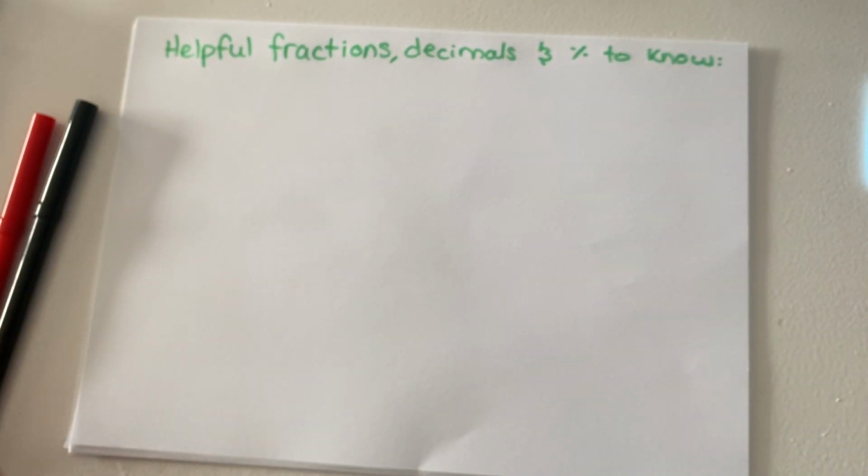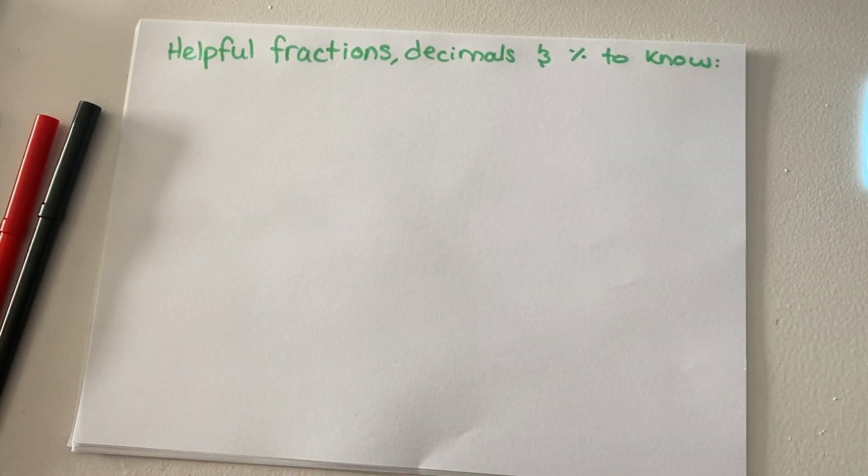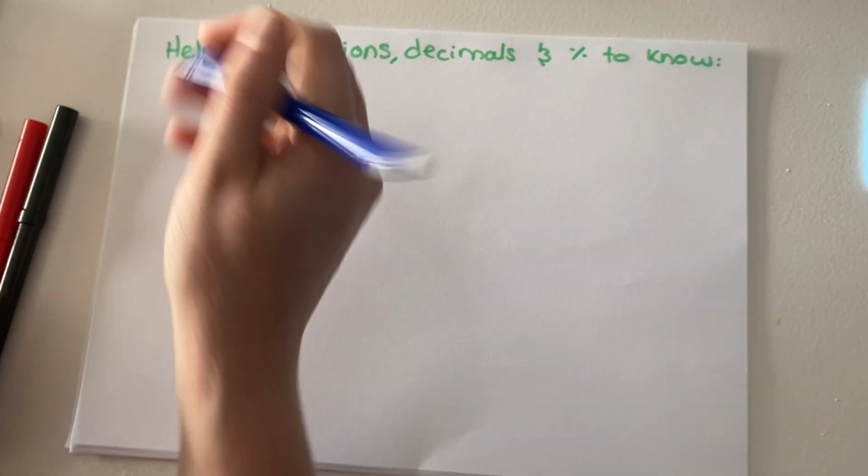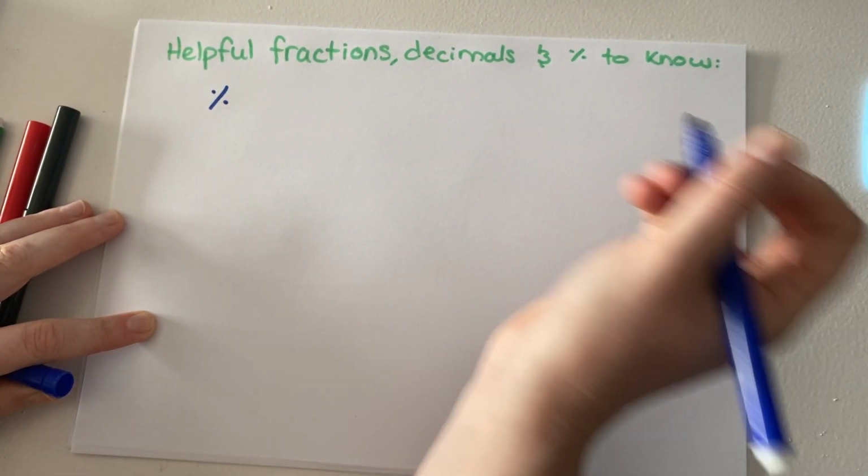Okay, so as I said before, we're using only fractions, decimals, and percentages with this. So if I draw up a quick table, instead of writing out percentage, I'm going to cheat.